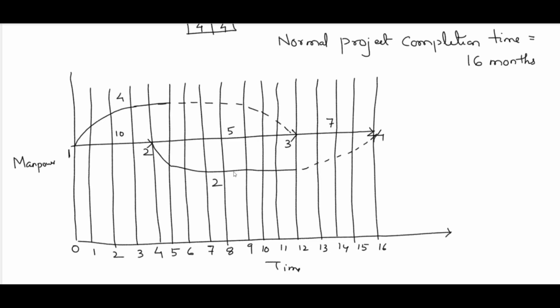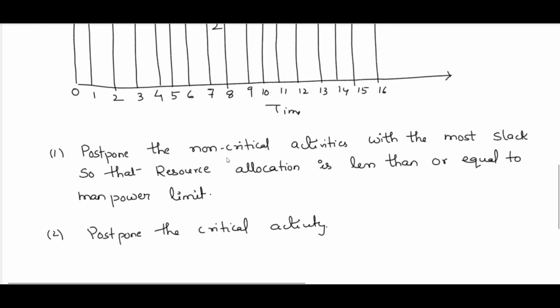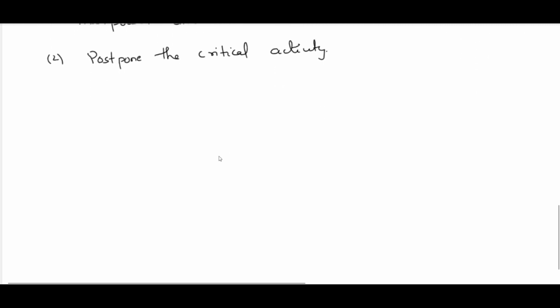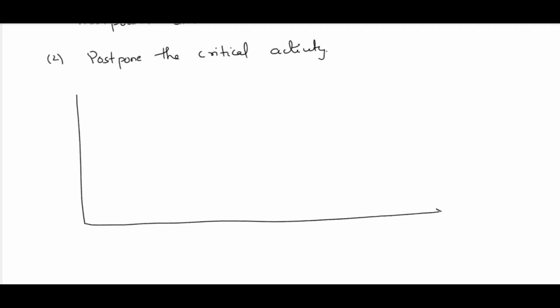Here there is no problem. First we should concentrate upon the non-critical activities. If by shuffling the non-critical activity we get the manpower within the constraint, then it's okay.